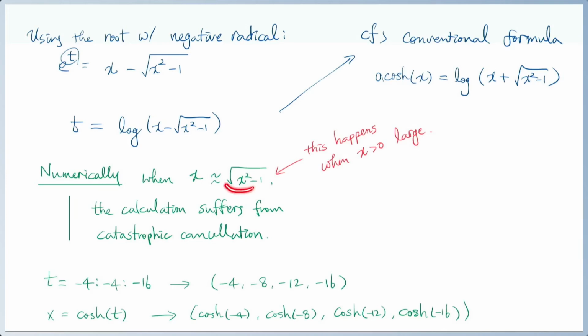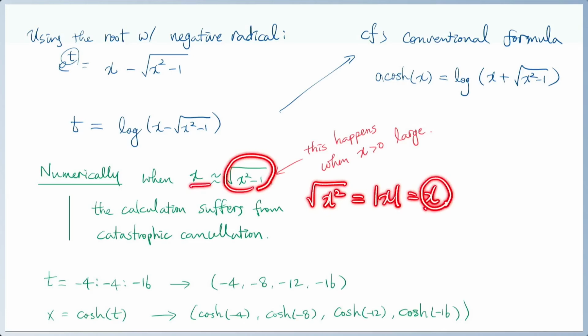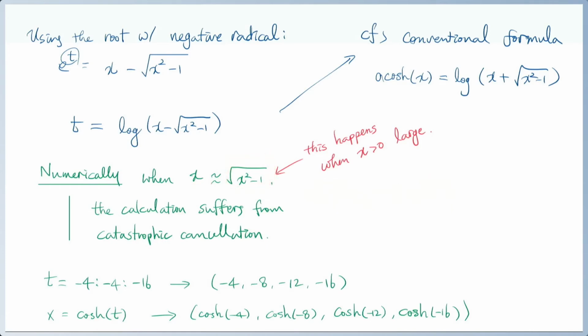So essentially this entire expression is like square root of x squared, which is equal to absolute value of x. When x is positive, it's just x. Okay, so they will be very close to each other. So that's why we are going to see some very bad catastrophic cancellation.